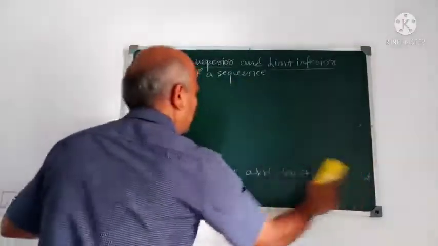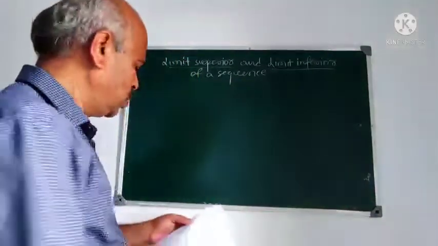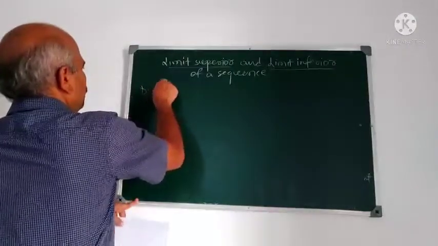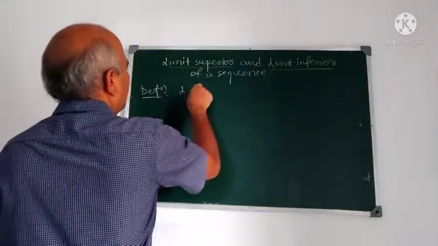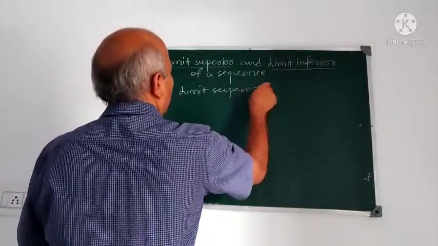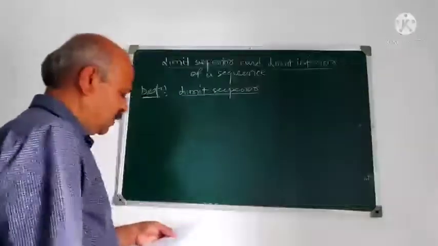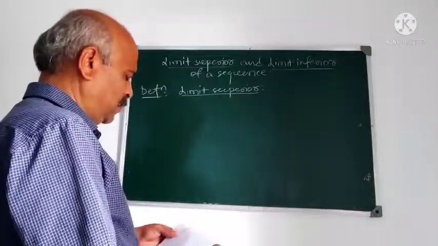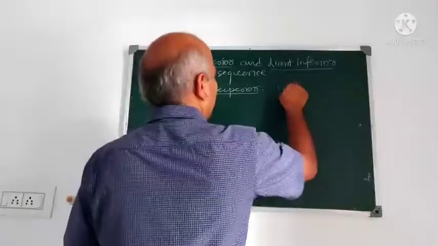Now see the definition of limit superior and limit inferior. Definition: limit superior, or it is sometimes called upper limit.